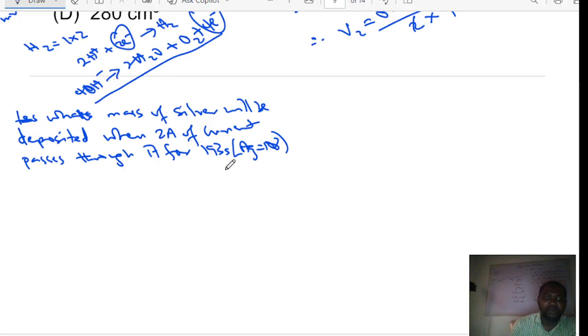Now when you're given a question like this, that's very simple. Like I said, when you want to know the mass of substance deposited, you can simply say mass over molar mass is equal to Q over NF. If you are not given Q, then you will be given current and time, because Q is equal to IT.